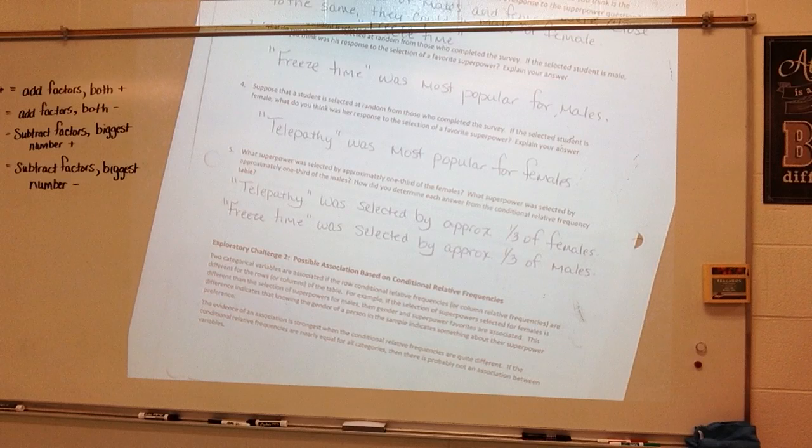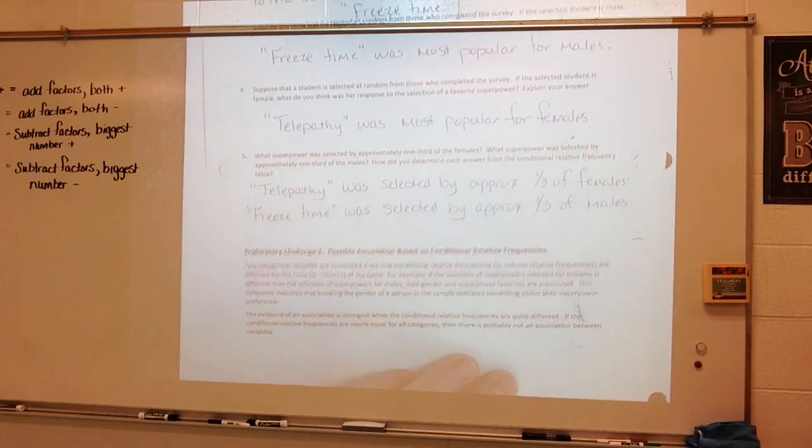For example, if the superpowers selected for females are different than the superpowers for males, then gender and superpower favorites are associated. This difference indicates that knowing the gender of a person in the sample indicates something about their superpower preference. The evidence of an association is strongest when the conditional relative frequencies are quite different.